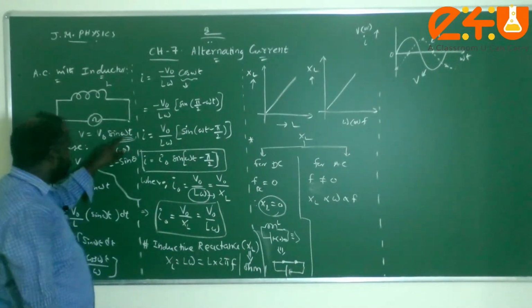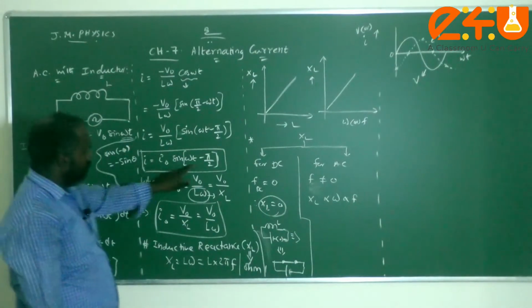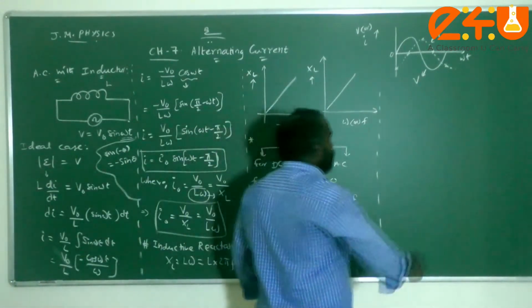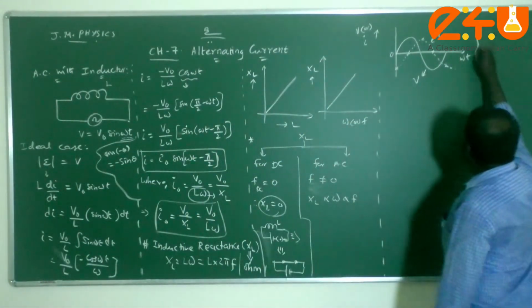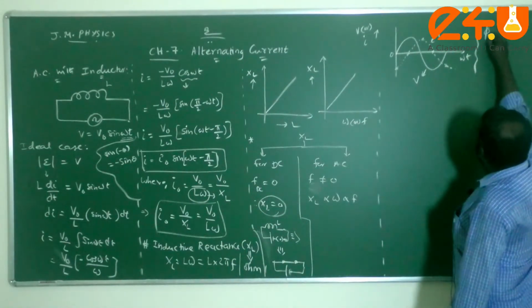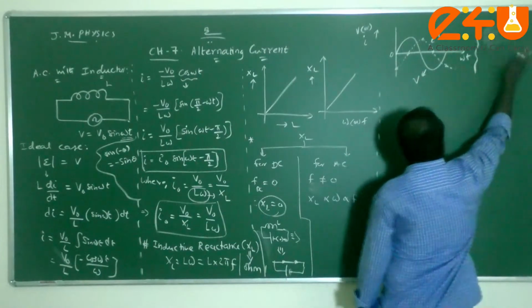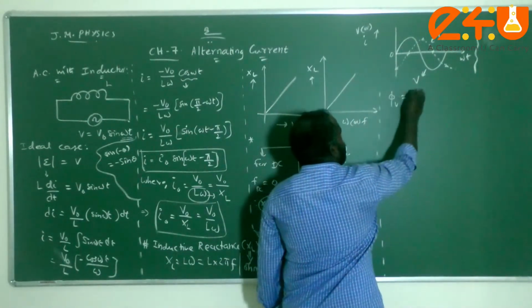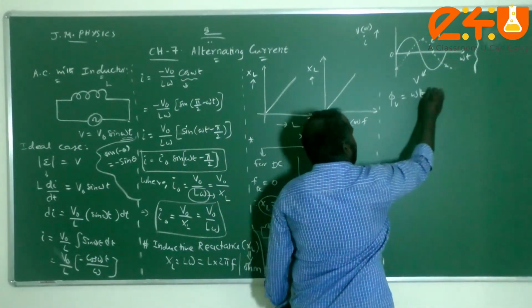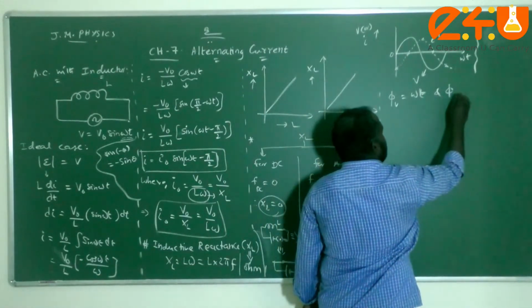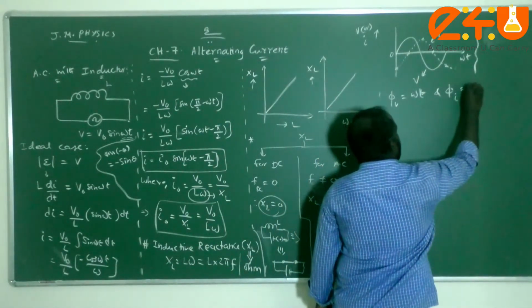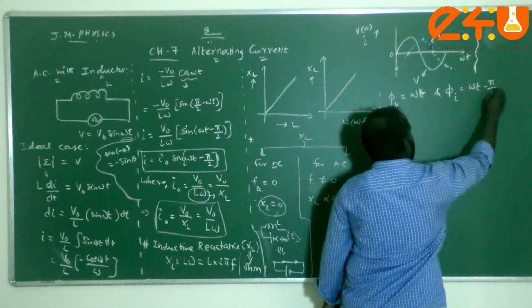This is the phase factor of voltage and this is the phase factor of current. The phase factor of voltage is omega t and the phase factor of current is omega t minus pi by 2.